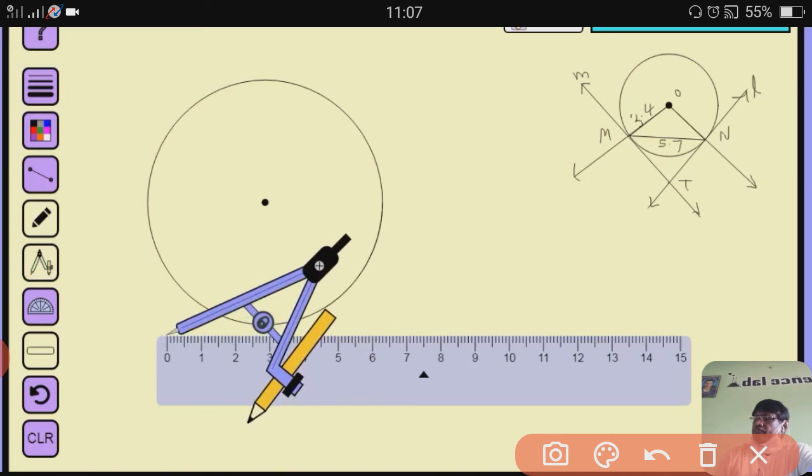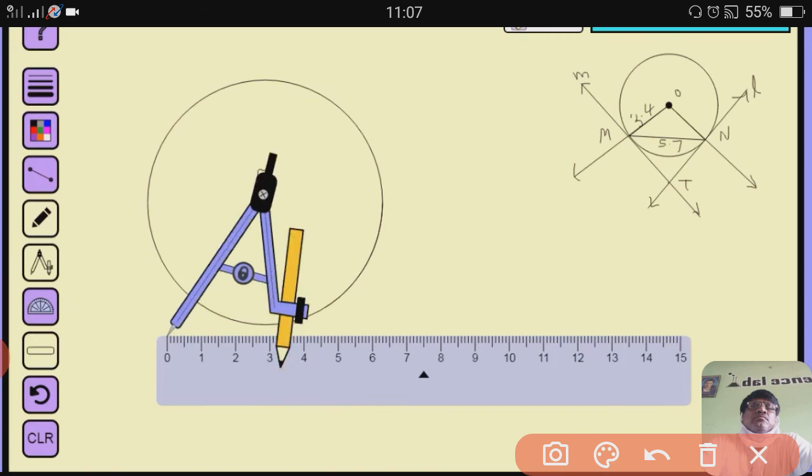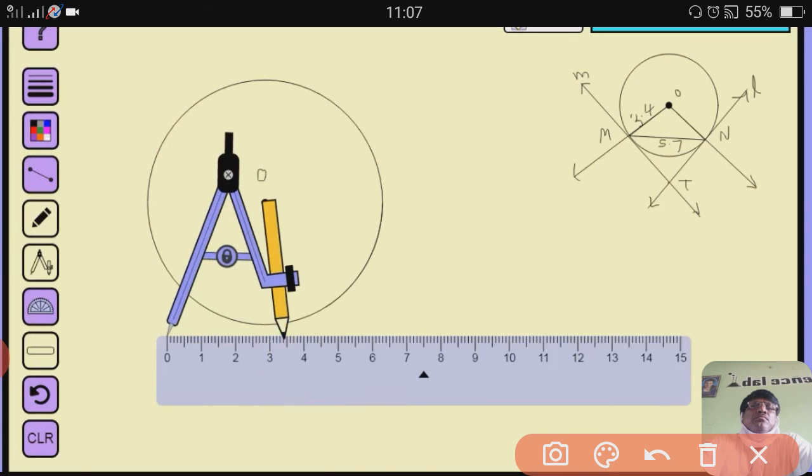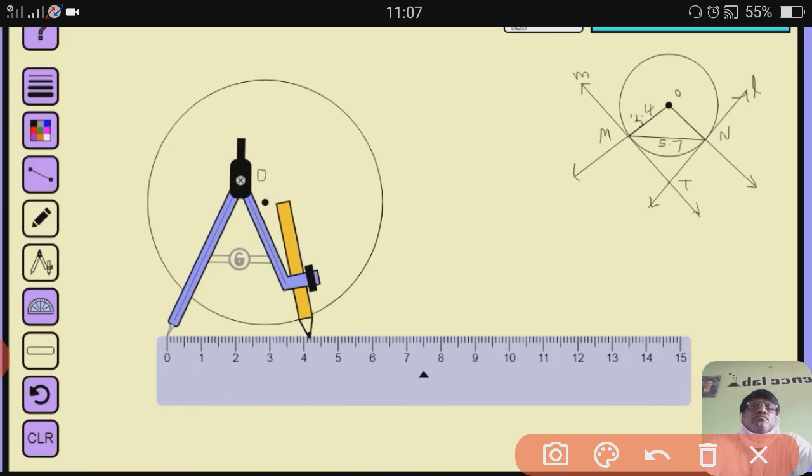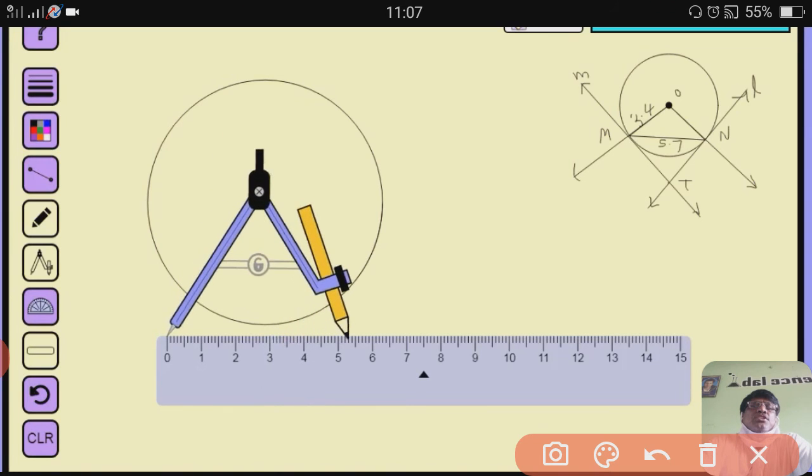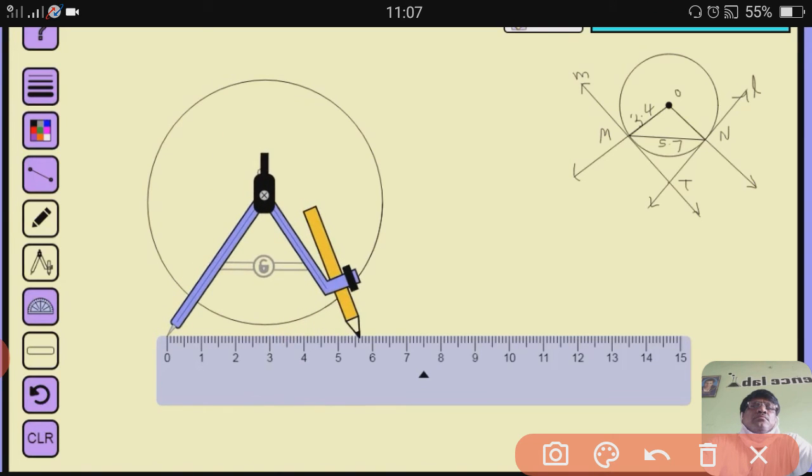And second step, draw a chord MN of length 5.7 centimeter. The distance between steel point and pencil is 5.7 centimeter.